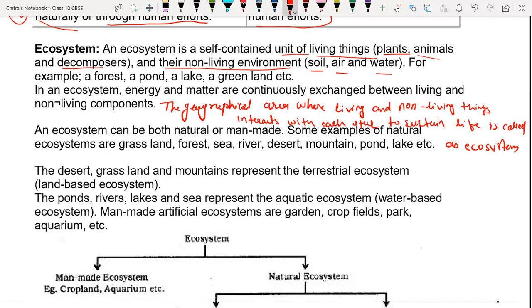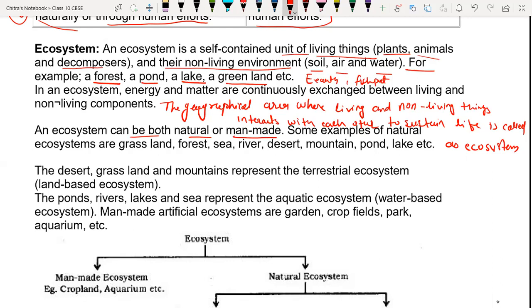Let's have some examples here. The forest is again an ecosystem. A pond is again an ecosystem. A lake, grassland, even our earth is an ecosystem. Even if you have a fish pot at your home, it is again a small ecosystem. An ecosystem can be natural or man-made.